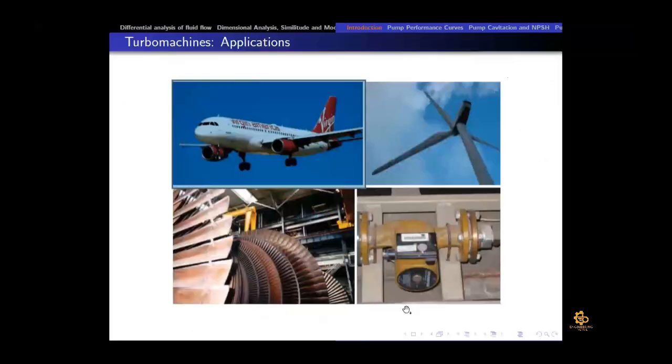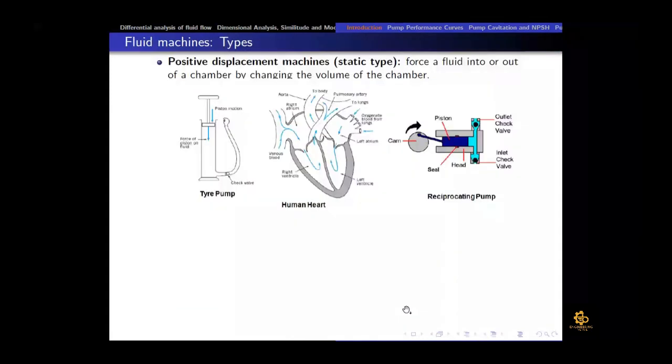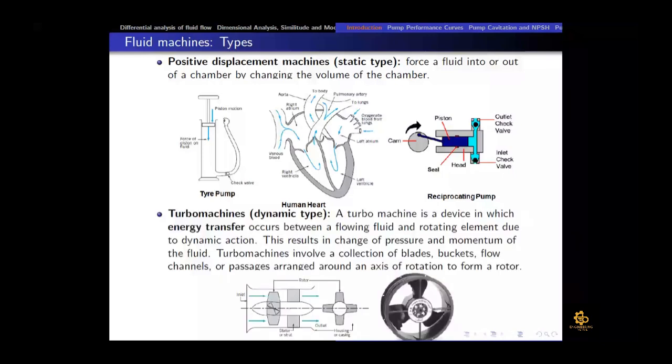So just to show you the figures of some of the examples of these fluid machines, one is tire pump, human heart, and then reciprocating pump. And then we have got turbo machines. So in that we have got a rotor and we have got a dynamic motion or rotary motion of that rotor. And turbo machines involve the collection of blades, buckets, casing, flow channels, or passages arranged around an axis of rotation to form a rotor.